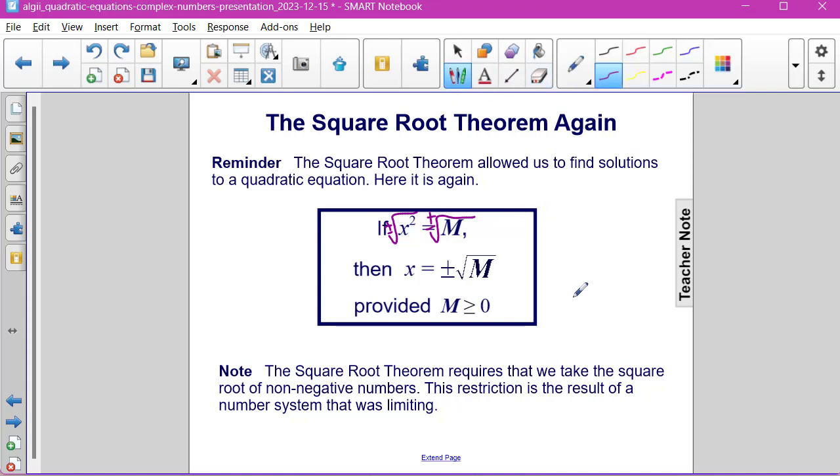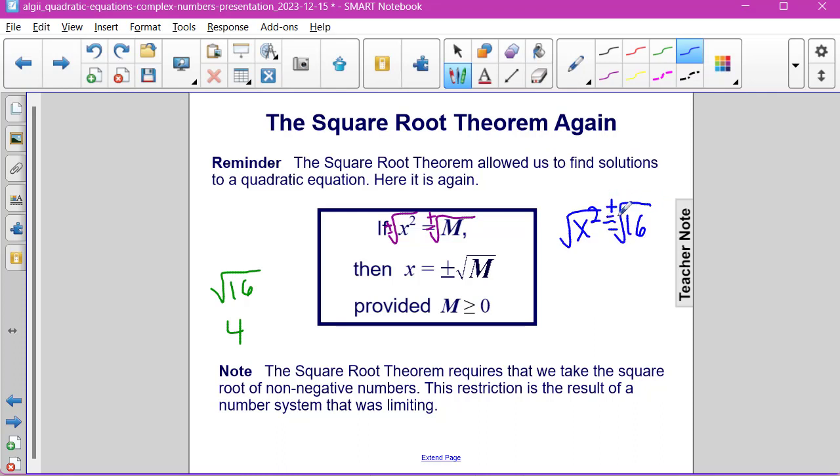It's also important to remind ourselves that if we were just told to square root a number, like to evaluate the square root of 16, the answer would only be positive 4. It is not the same as when we are told that x squared is equal to 16 and we have to square root both sides.